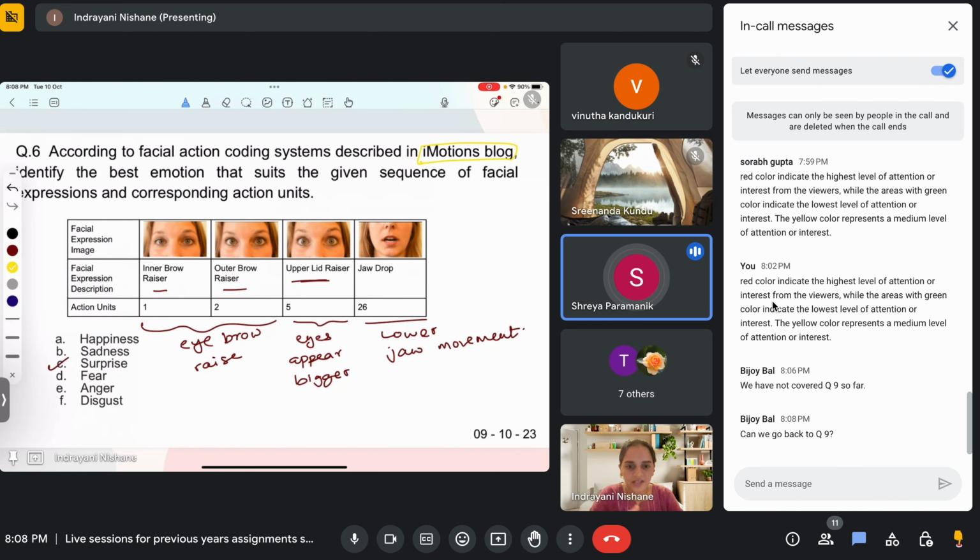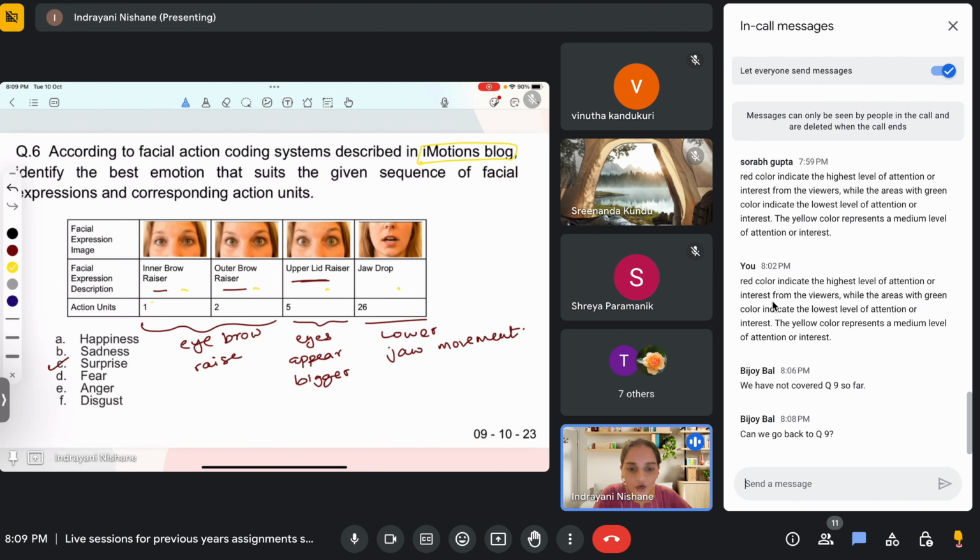When I was explaining this, I specifically asked to consider this sequentially, like 1, 2, 3, 4 together. You have to consider them together, not individually. So when such questions come in the exam, you have to club all these expressions together and then think about for which emotion the probability would be higher.